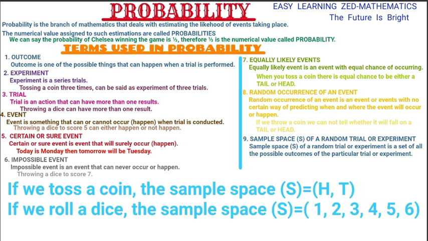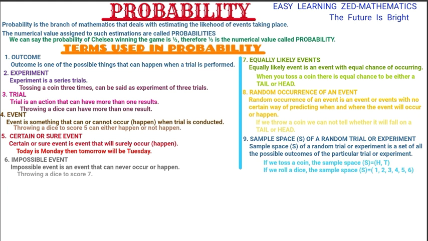So the sample space of a dice will be 6 options, that is 1, 2, 3, 4, 5, 6, because the dice has got 6 sides. So you're going to form those sets. You are saying the outcome is one of these 6 outcomes. So that is a sample space. It's just a collection of all the outcomes or results.